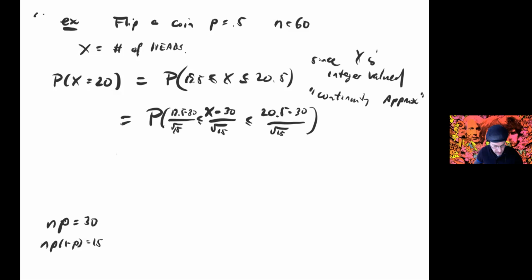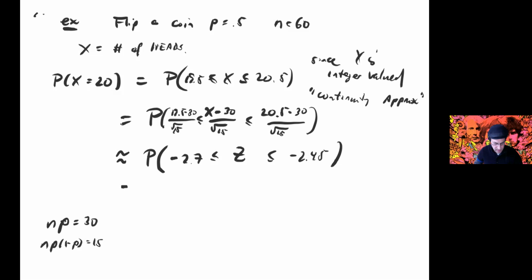Now I go to the normal distribution, and I get something approximately equal. If you compute (19.5 minus 30) over the square root of 15, you get negative 2.7 on the left, and on the right side you get negative 2.45. Now it's an approximation, using the standard normal approximation.